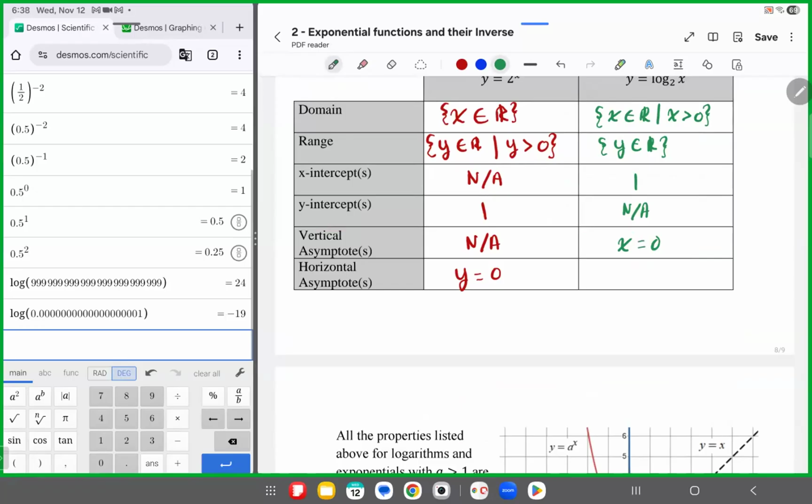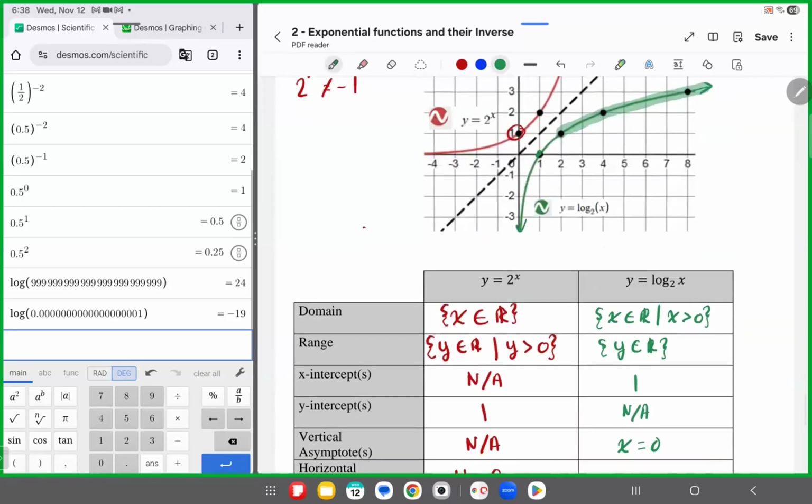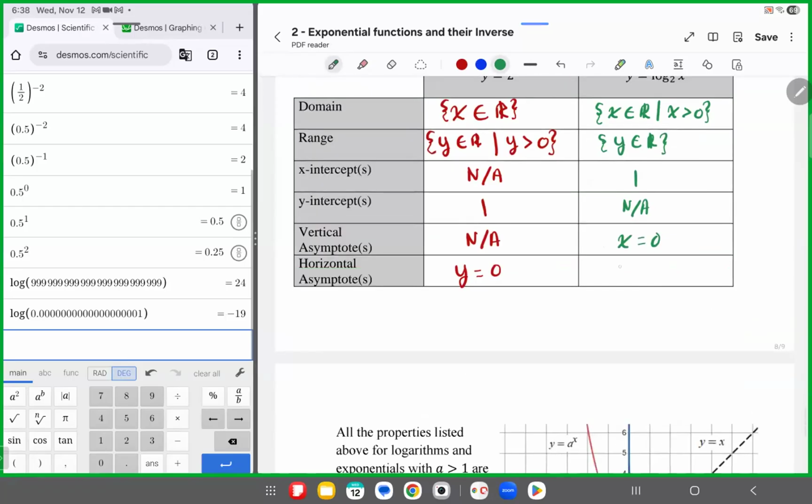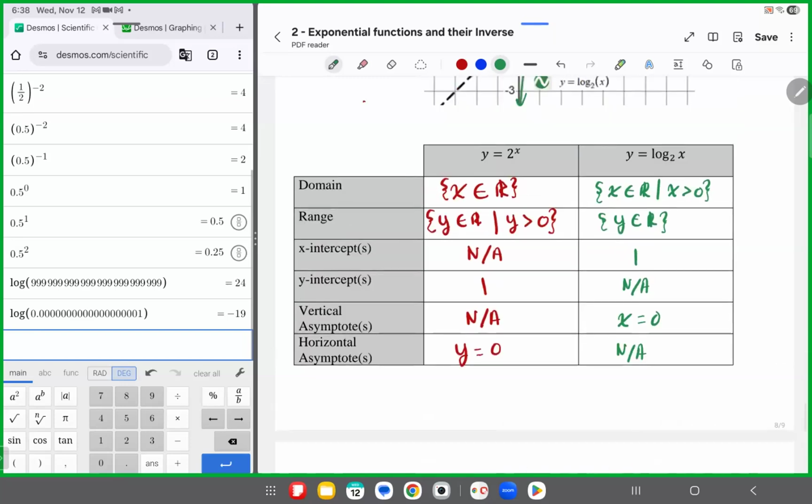And similarly, there is no horizontal asymptote, so this will be not applicable as well. Okay, so you can see this symmetry where the inverse characteristics are true: the opposite domain and range, the opposite x and y intercepts, the opposite vertical and horizontal asymptotes.